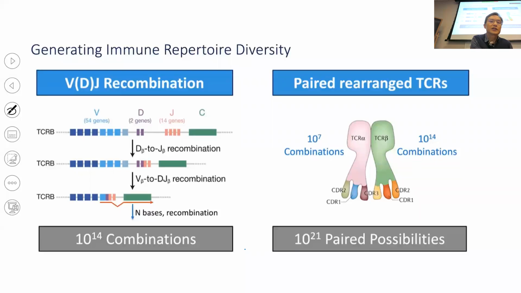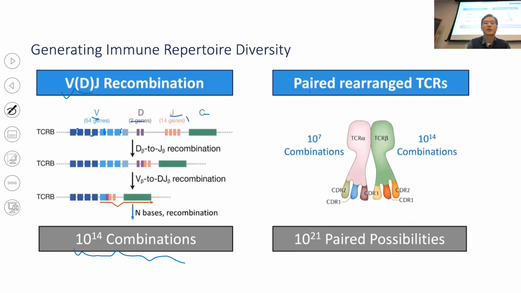Because each of these different domains or subunit chains contains different variations of the genes, the combination of these will create the 10 to the 14 combinations by only looking at VDJ recombination or gene rearrangement combinations.